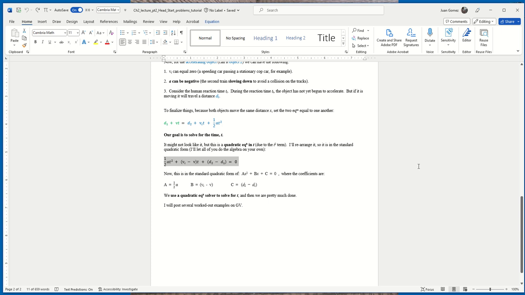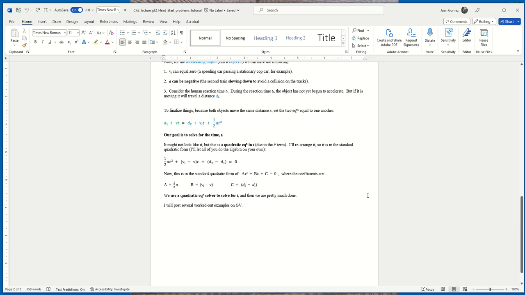You get 1/2 a t squared plus (v_i minus v) times t plus (d2 minus d1) equals 0. That's in the standard form of a quadratic equation, A x squared plus B x plus C equals 0, where the uppercase A, B, and C are your coefficients. In this case, the coefficient A is 1/2 the acceleration, B is (v_i minus v), and the constant term C is d2 minus d1.